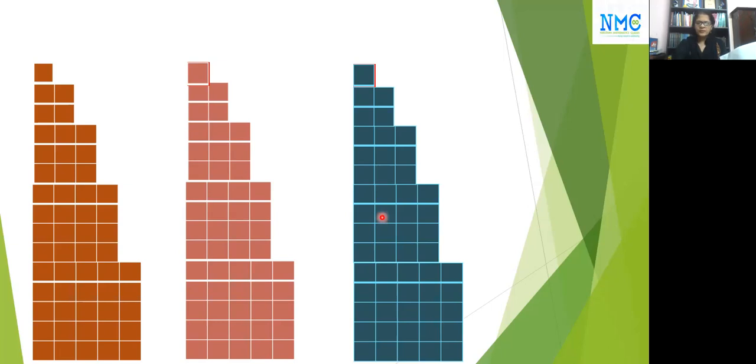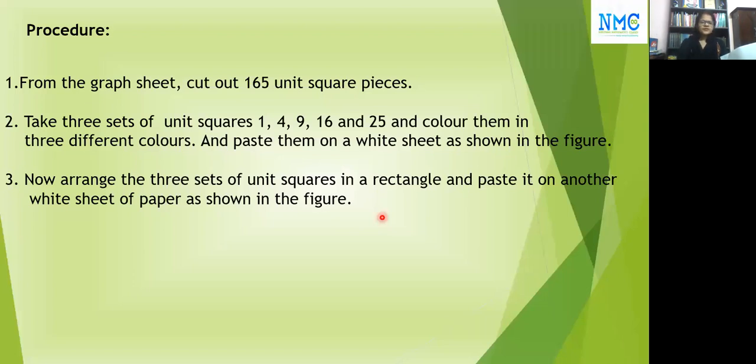Now, going back to the procedure. Take 3 sets of unit squares 1, 4, 9, 16 and 25 and color them in 3 different colors. Clear? And paste them on a white sheet as shown in the figure.